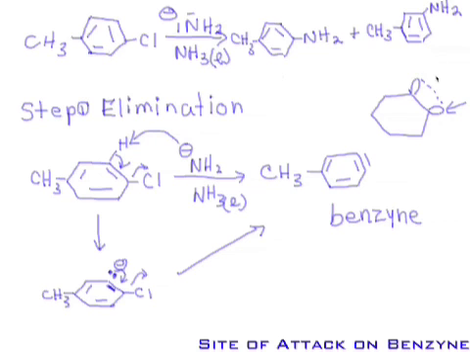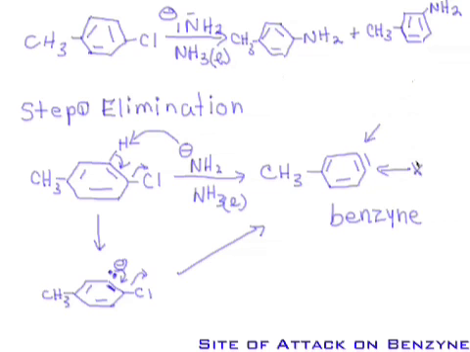Whoa. And you can begin to see how that becomes feasible, how benzyne would allow this to occur. Because if we had this methyl substituted benzyne, and it's going to undergo step 2 where the nucleophile is going to attack the pi sp squared, there's two positions it could attack, here or here.